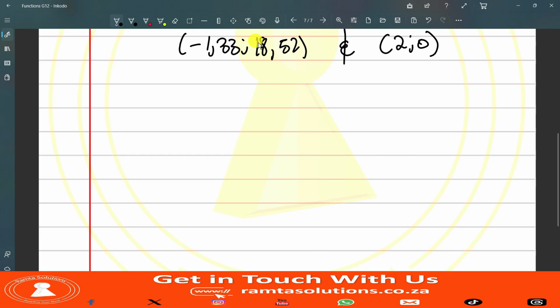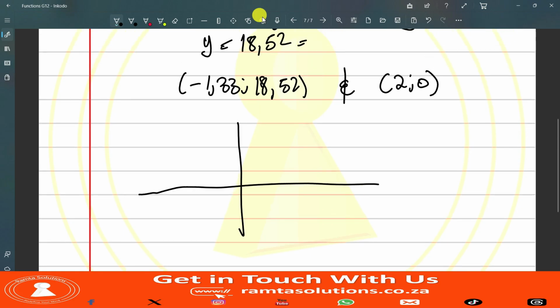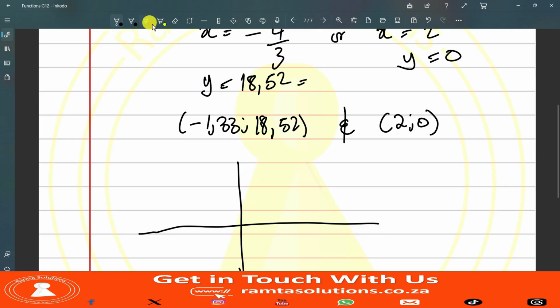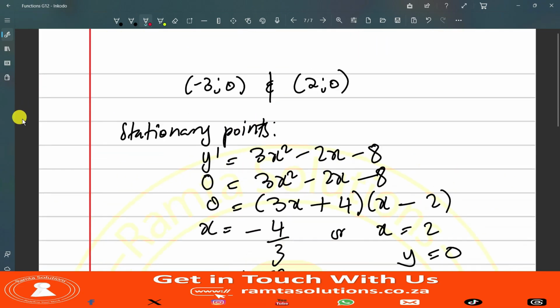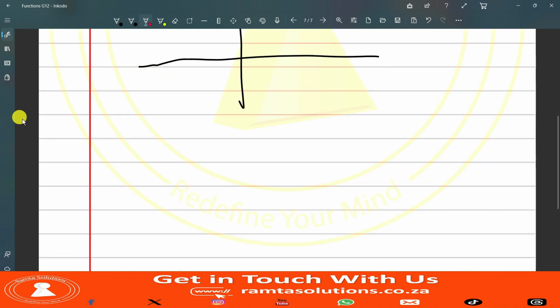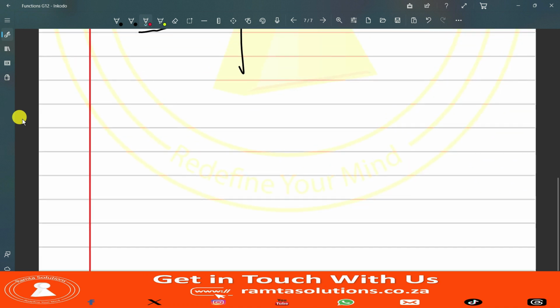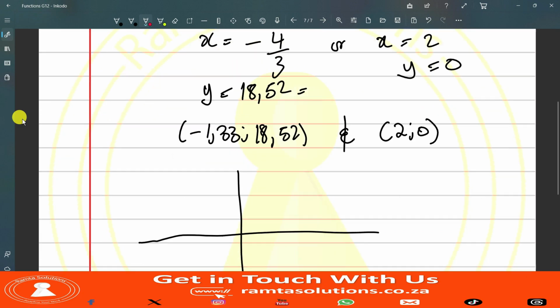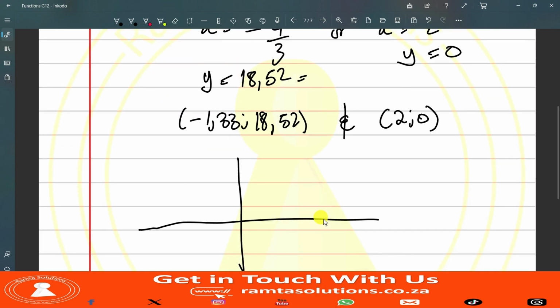Remember that cubic was negative, meaning it should end with a smiling face. Now let's remind ourselves of the intercepts. The y-intercept, I remember it was 12. Right, the y-intercept was 12. So let's just look for it. Maybe I should take it a bit down.